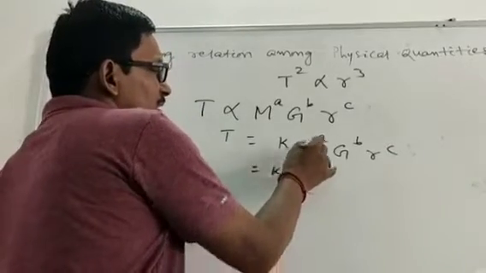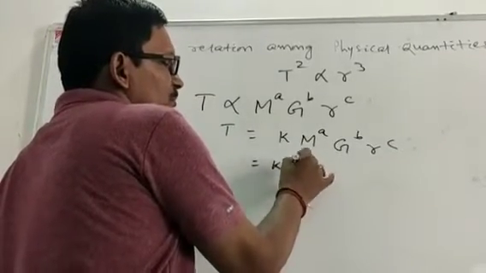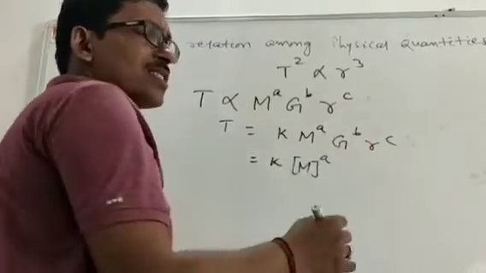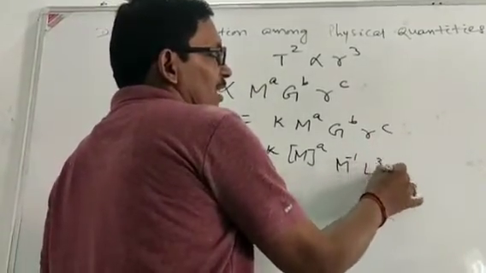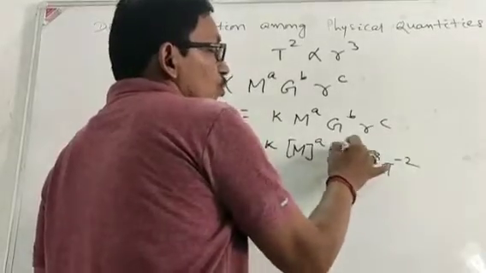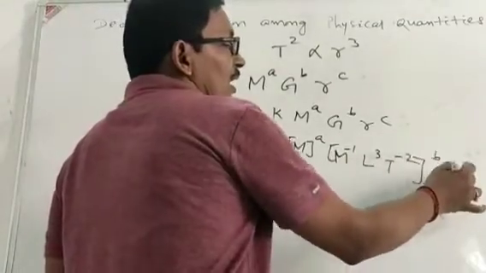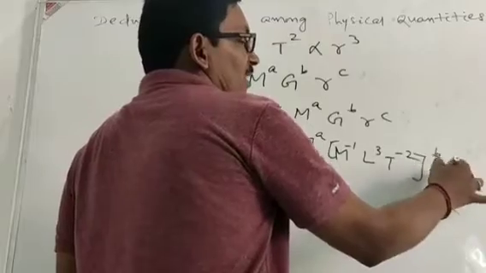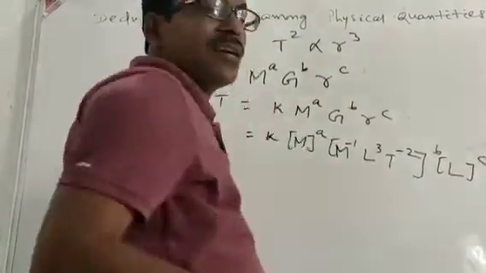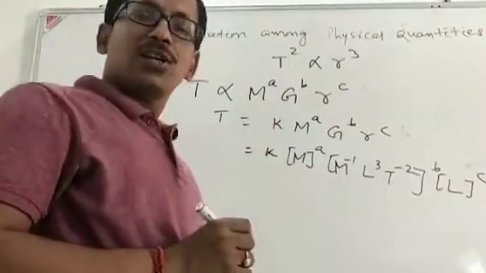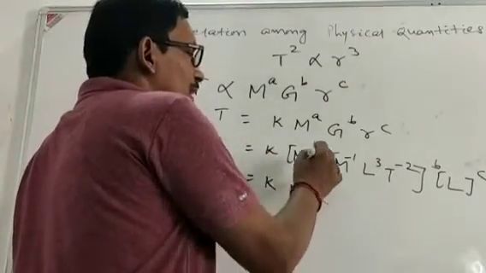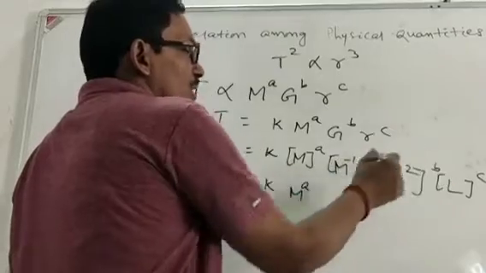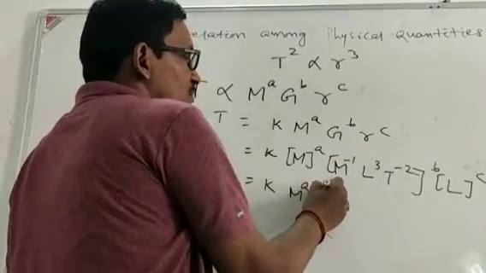So for the mass, no problem, it is M to the power a. Gravitational constant, what is the dimensional formula? M minus 1 L3 T minus 2 to the power b, and radius is another length, L to the power c. Now simplify and write the powers of all individually. So M to the power a minus b.